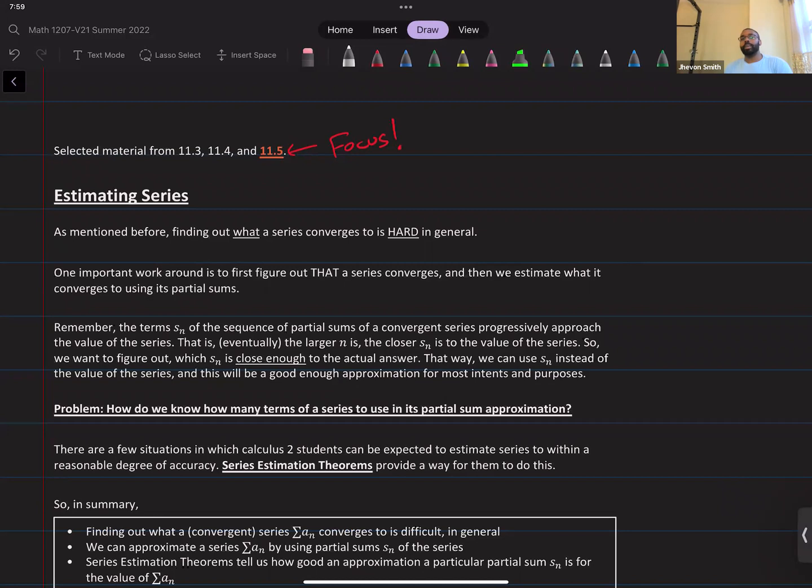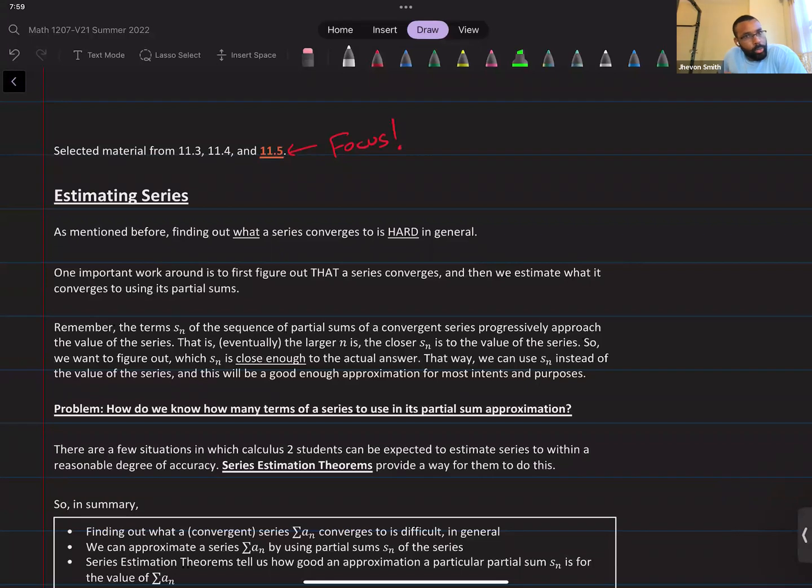It's nice to work out an exact answer. Oh, this is exactly pi squared over 17. Awesome. How are you going to apply that in the real world? You can't. So it's just an exercise in vanity for the most part. Math people like doing that. But when it comes to actually doing something in the real world, approximation is where it's at. And there's a lot of math geared towards approximation. So that's what we're going to do.